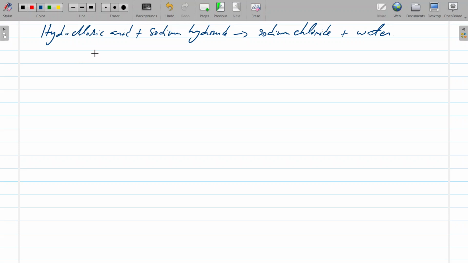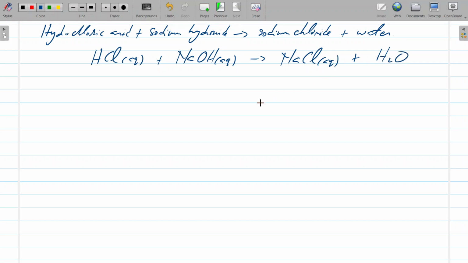That would look like this: HCl aqueous plus NaOH aqueous, giving you NaCl, which is also aqueous, and H2O.